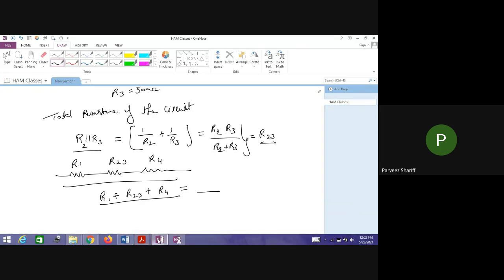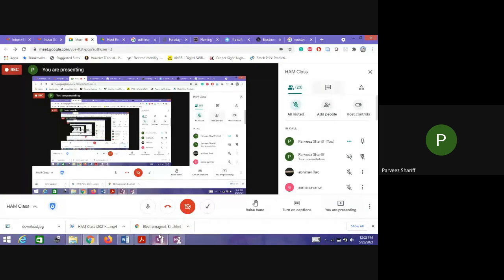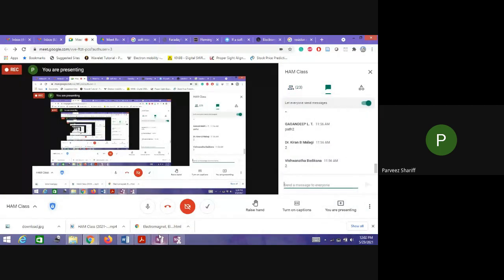If anybody has not understood this, you can ask the question. I'll keep the session open for question and answer. I think all are busy in calculating the value.